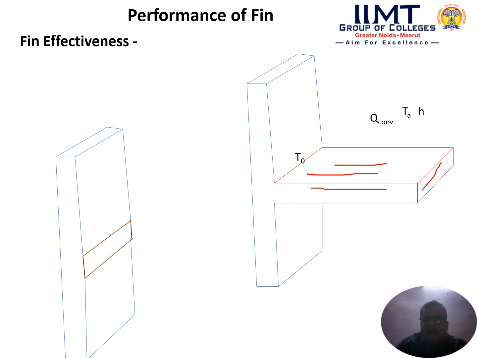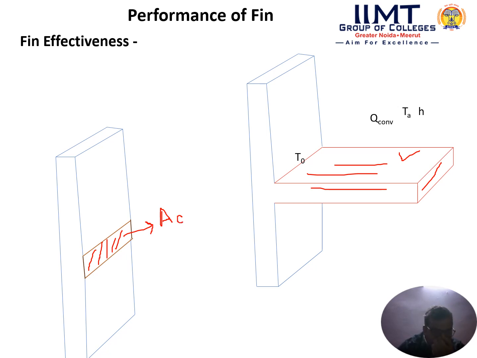Okay, and when we are not using fin, then this large area will be a small area. In other words, when we are not using fin, this will be the small area, and that small area will be converted into that large area when we are using fin. That means this is the effective area which is exposed to the surrounding when we are using fin, and this is the cross section area of the fin when we are not using the fin.